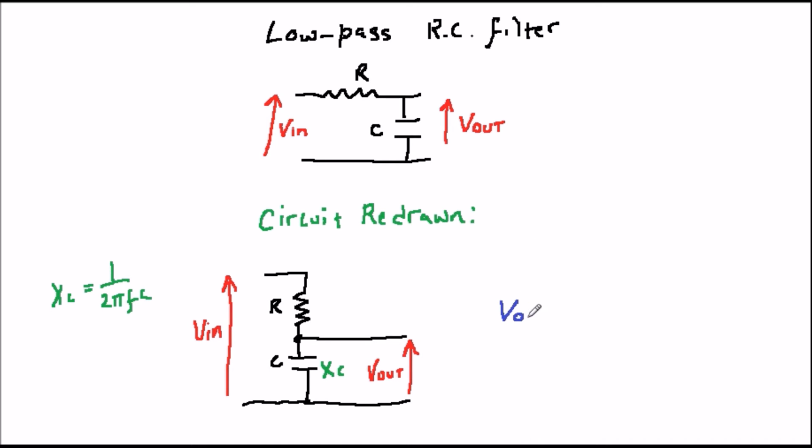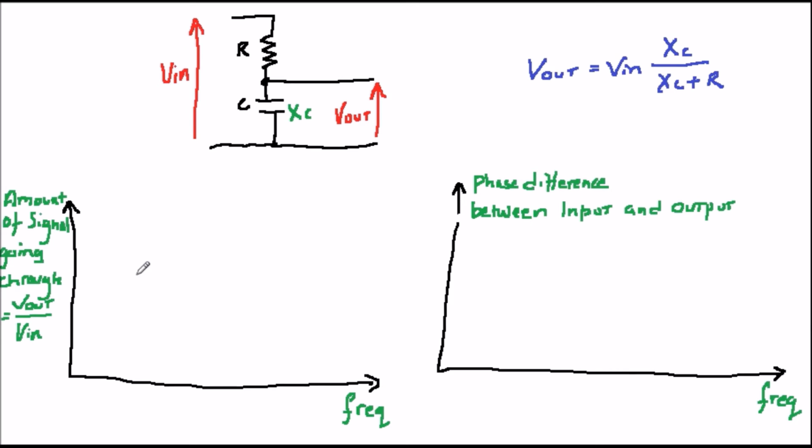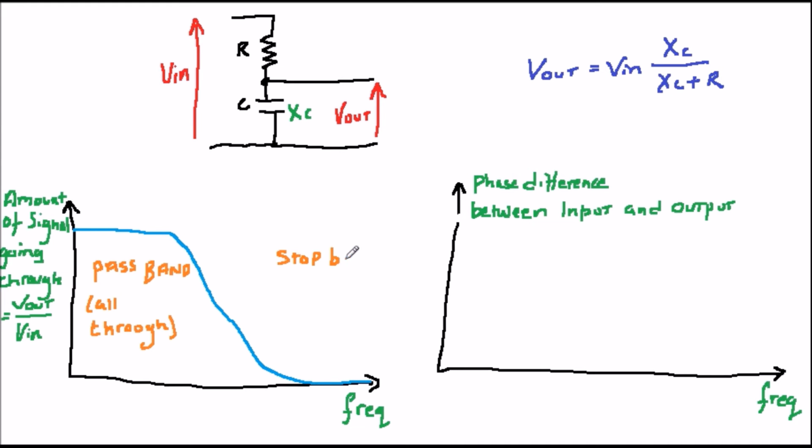We can also see from our previous discussion of phase that the phase will vary from the output to the input, and the graphs shown show both the effect of frequency on the amount of signal transferred and frequency on the phase between the input and the output.